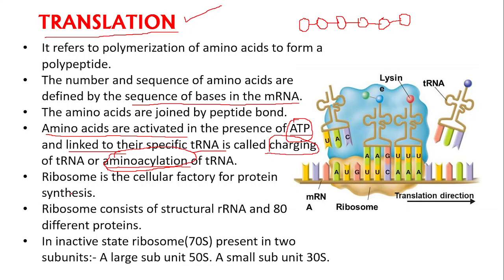And next point, the ribosome is the cellular factory of protein synthesis, which consists of two types: 70S ribosome and 80S ribosome, helping with protein synthesis in prokaryotes and eukaryotes separately. Clear? And to remember, in their active form the ribosomes consist of a larger subunit and a smaller subunit.